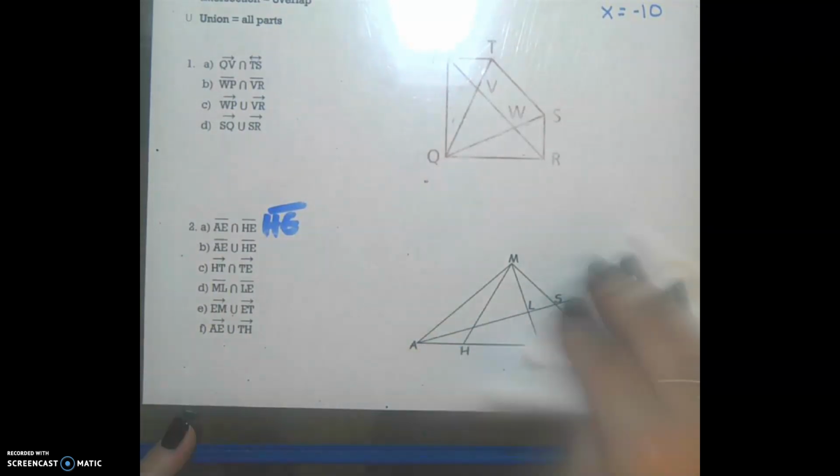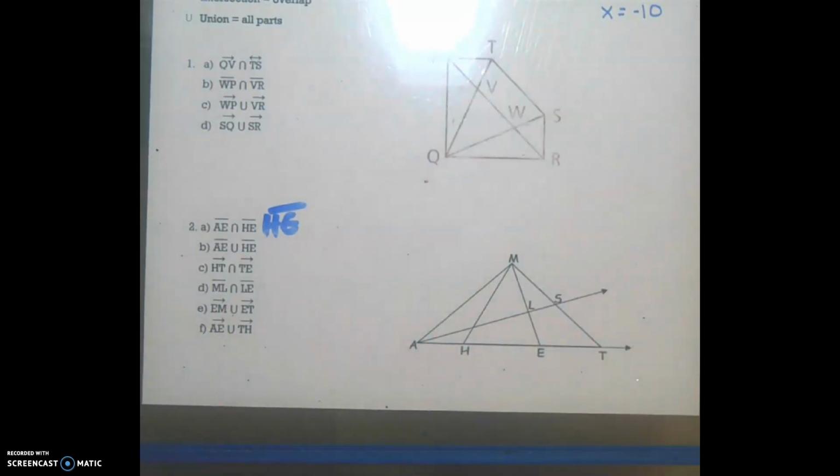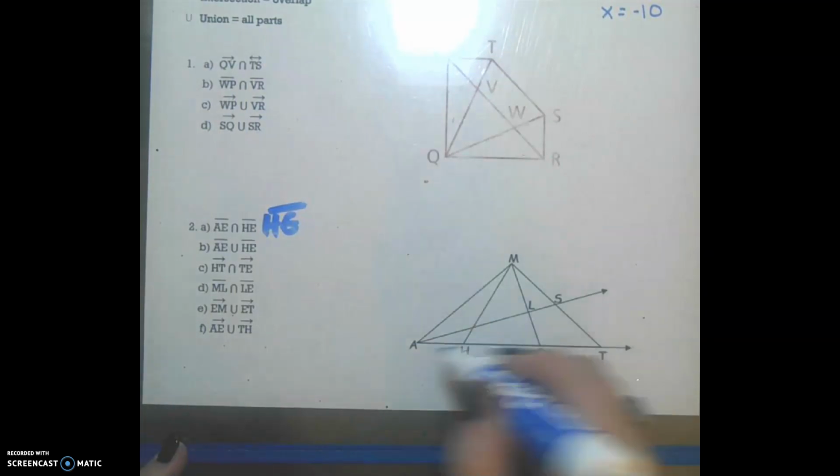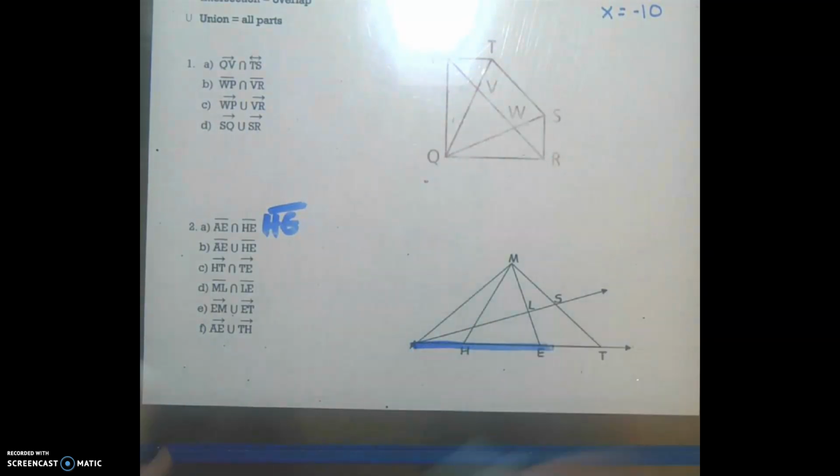Part B asks me to find the union of segment AE and segment HE. Part A was asking me to find the intersection. Now I want the union, so the whole thing, and that is going to be segment AE.